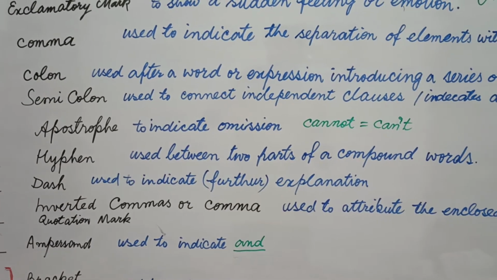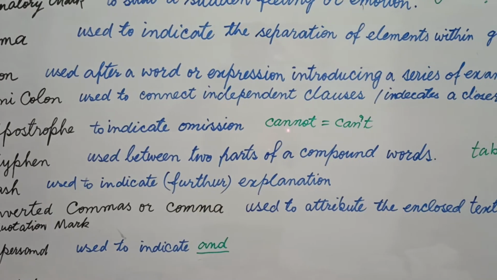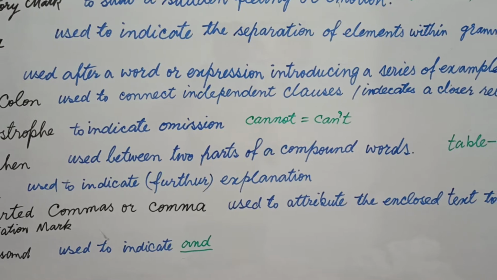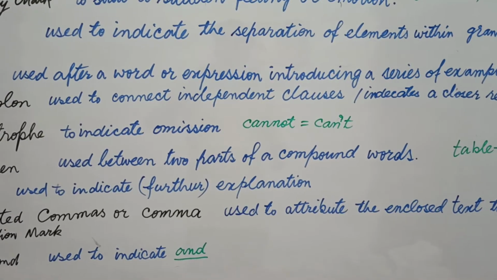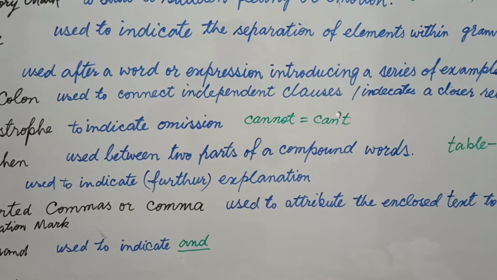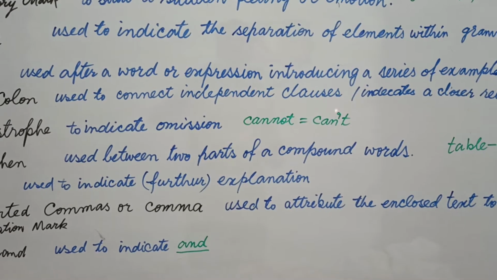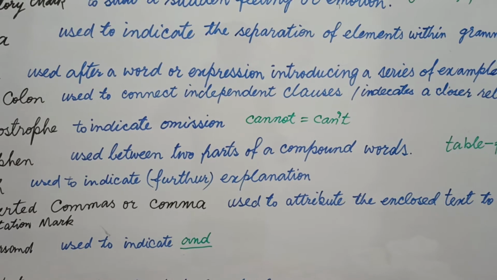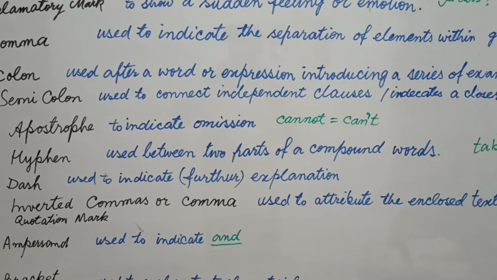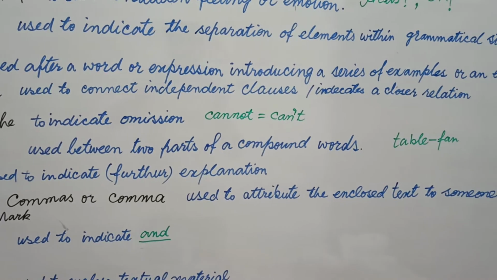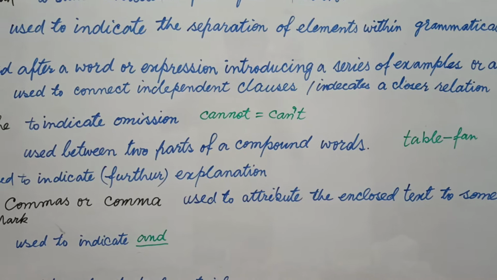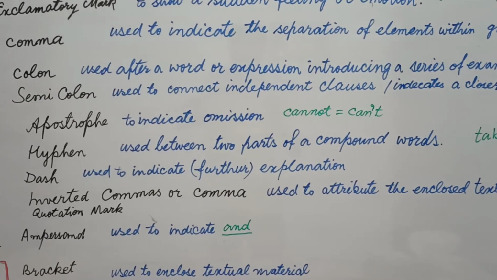Students, what is omission? Suppose there is the word cannot. This is can't. We omit a and no. Omit means we delete letters, and in the place of the deleted part I use this sign, and this is known as an apostrophe. We also use this when we show the possessive case. Suppose Ram's brother: Ram apostrophe s brother means the brother of Ram.